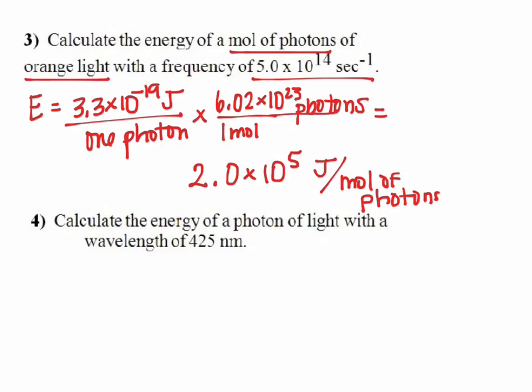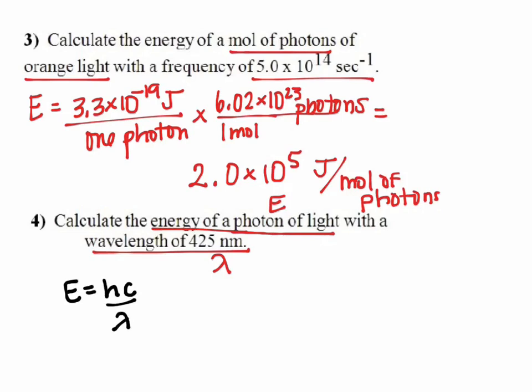All right, calculate the energy of a photon of light with a wavelength of 425 nanometers. So that is E, we're looking for E, and that is lambda. So which equation can we use that has E and lambda in it? E equals hc over lambda.